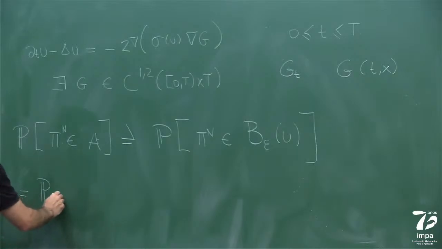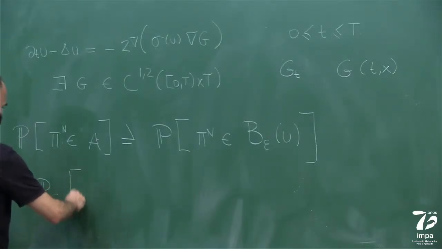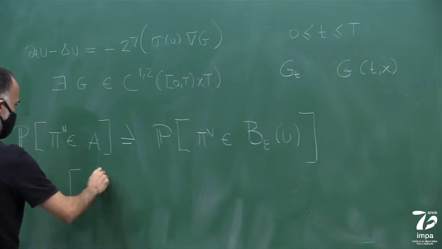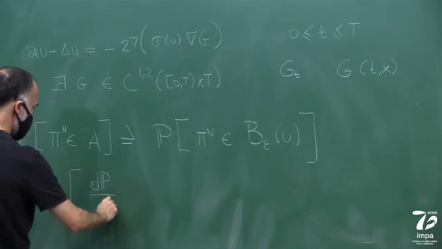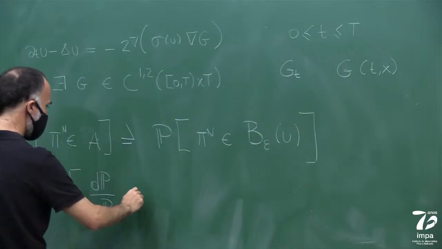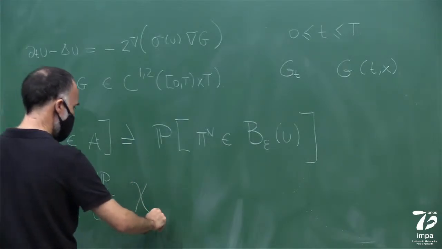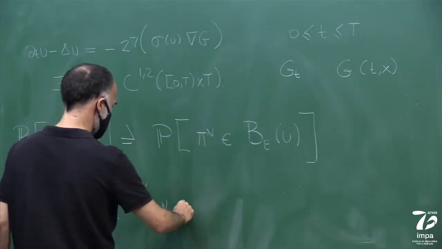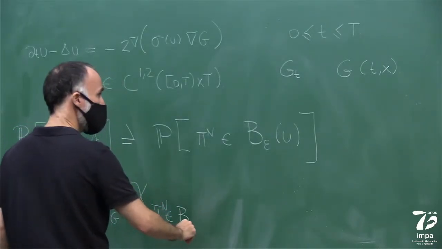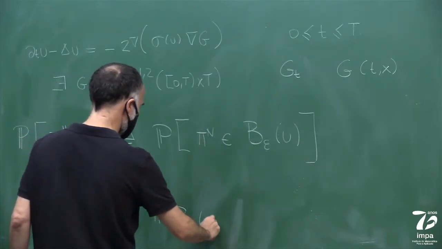Now I rewrite this as the expectation under P_g, with the density dP over dP_g, of the indicator that pi n belongs to B epsilon of u.